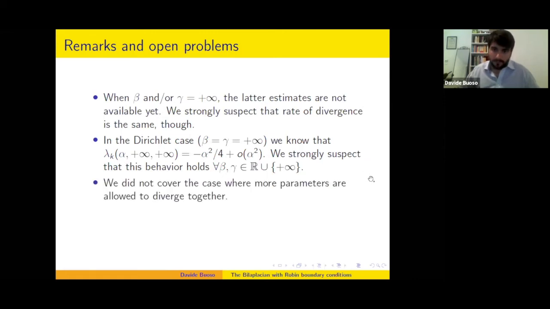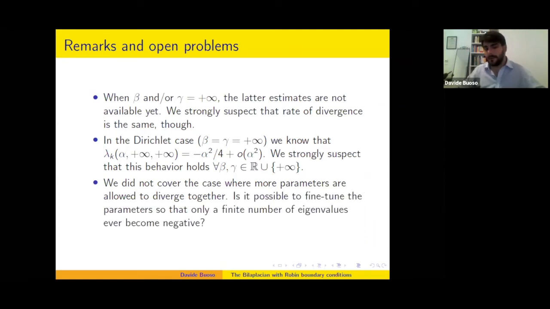And finally, we covered in these theorems the situation where we let just one parameter go to plus infinity or minus infinity, while the others are more or less bounded or fixed or anyway controllable. So what happens if we let everything go? Well, the situation is quite complicated, and we haven't studied it deeply enough.